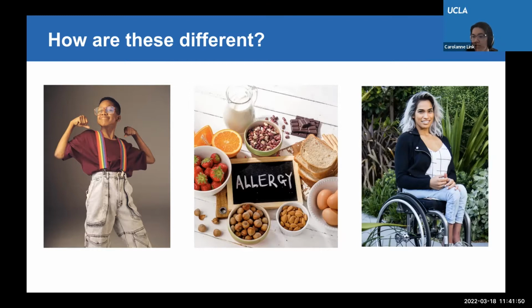Some people have glasses for very minor or specific instances. Some need glasses to function every second of their lives. Some people have food allergies which are very small and cause a little discomfort, and some can be life-threatening. And that's the same with all different types of disabilities. So the short answer to this question of how these are different is just normalization. We were talking about that idea of the social model.